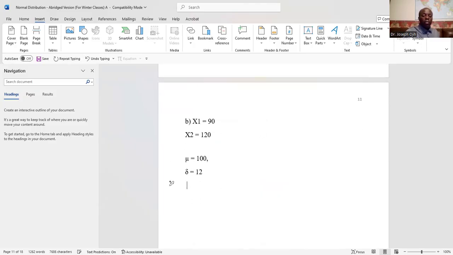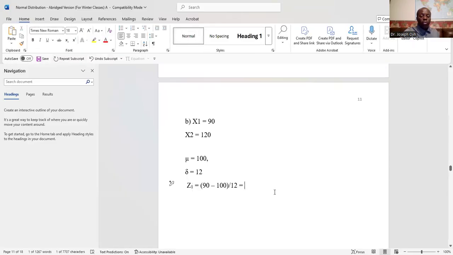So that means we're going to get Z1, which will be X1, which is 90, minus 100, divided by 12, which is the standard deviation. That will give us our Z1.